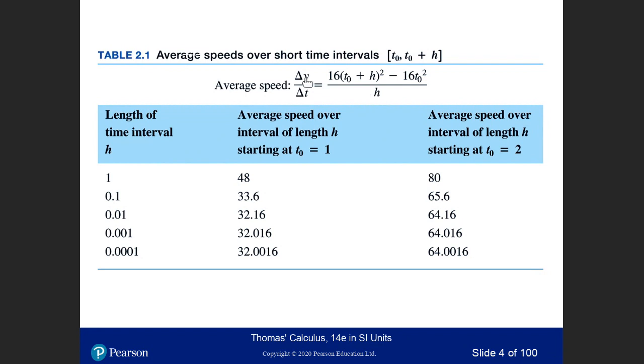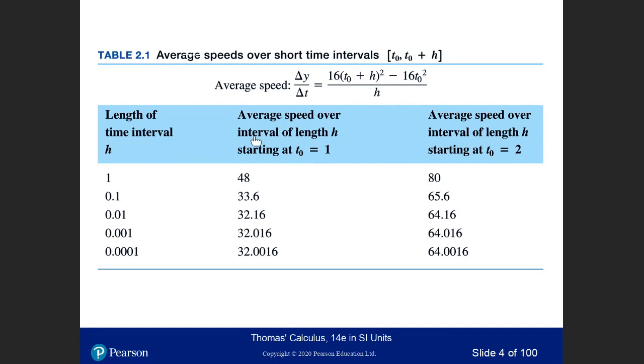Now, y2 minus y1, or f of t2 minus f of t1, is 16 times (t0 plus h) squared. So we take the square of this, minus 16 t0 squared. Okay, so this gives us the average speed of this object, which moves with f of t equals 16t squared.